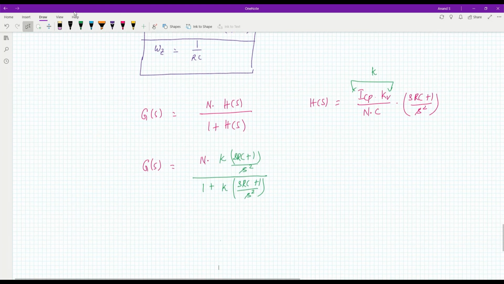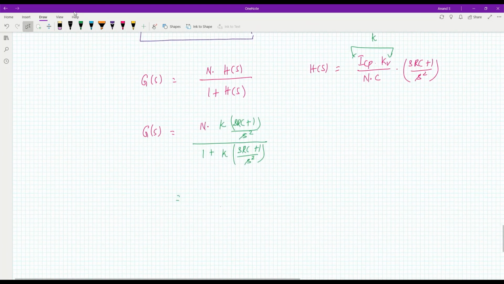So we can rearrange this equation. We will be getting N times, bringing this K inside, (s R C K plus K) divided by (s square plus s R C K plus K).